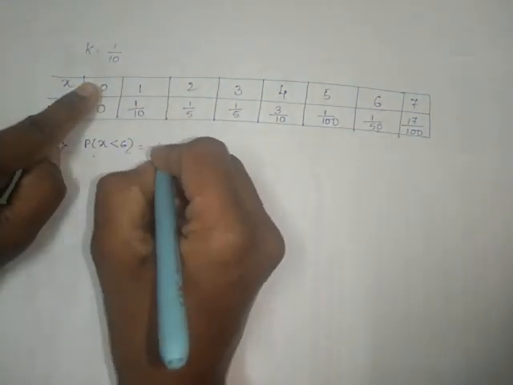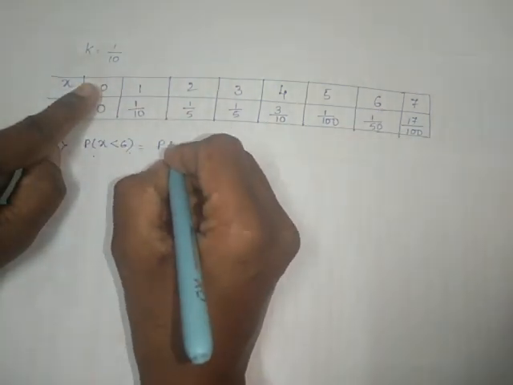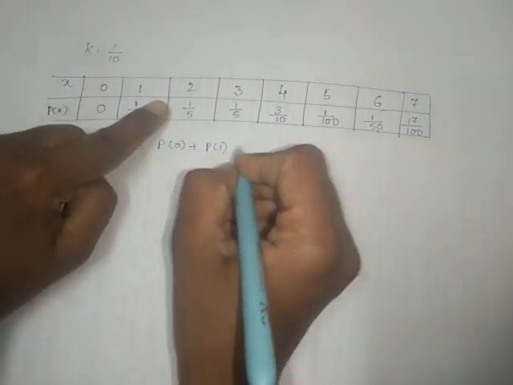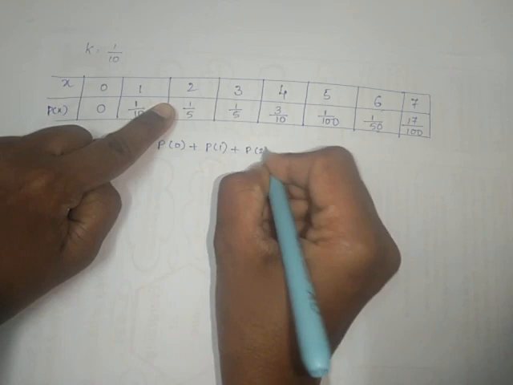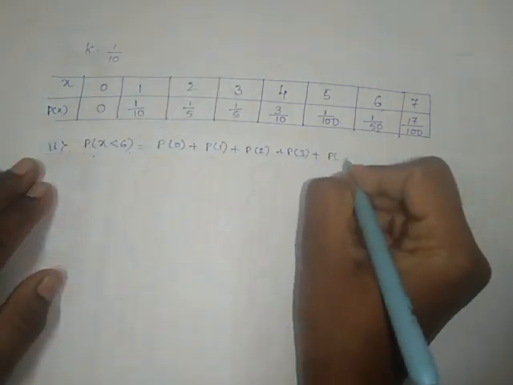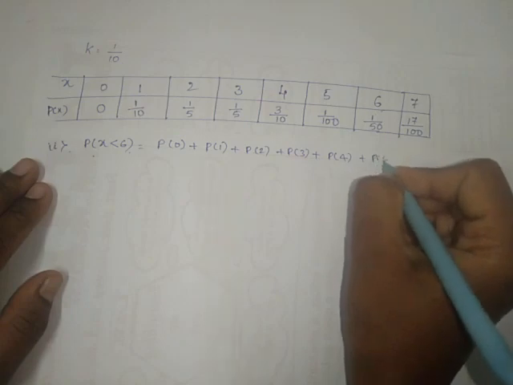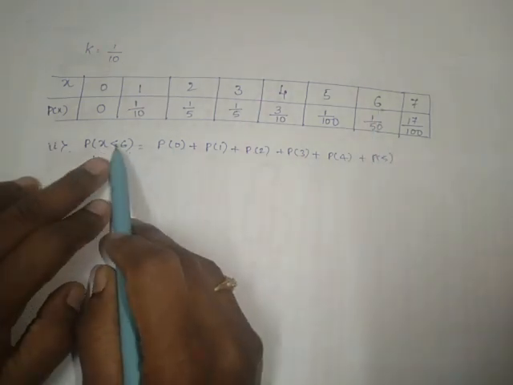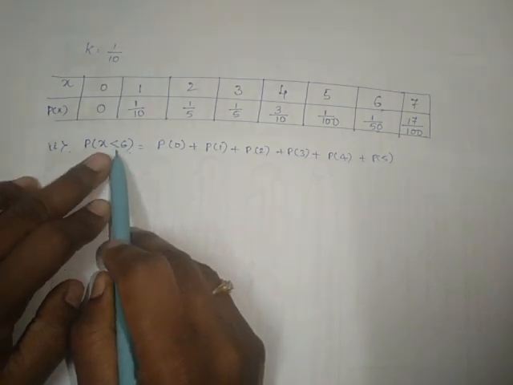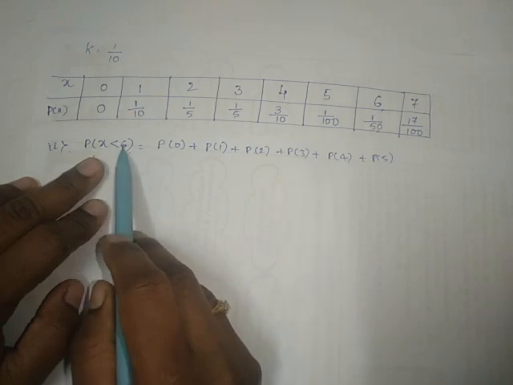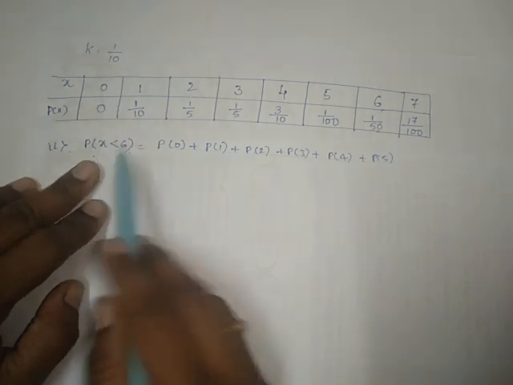P of x less than 6 is equal to P of 0 plus P of 1 plus P of 2, P of 3, P of 4, P of 5. We need not write P of 6 here. Why? Less than 6 means from 0 to 5. If it was less than or equal to 6, then we would have to consider 6 also.